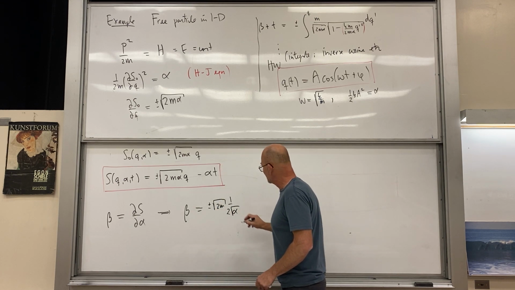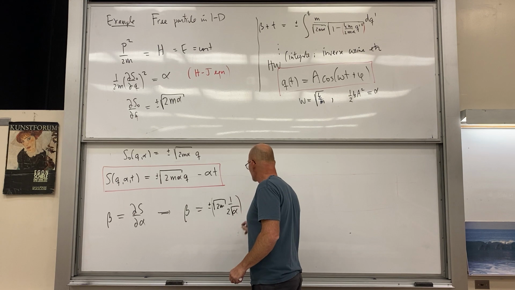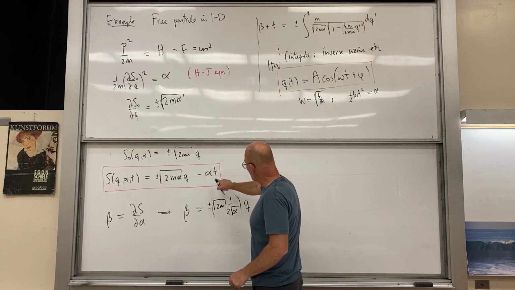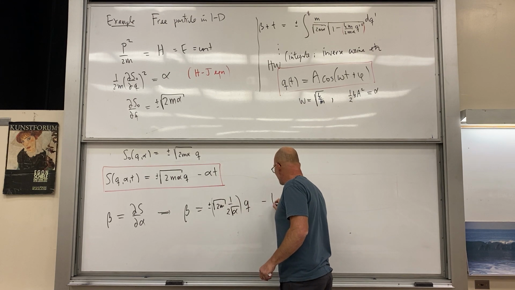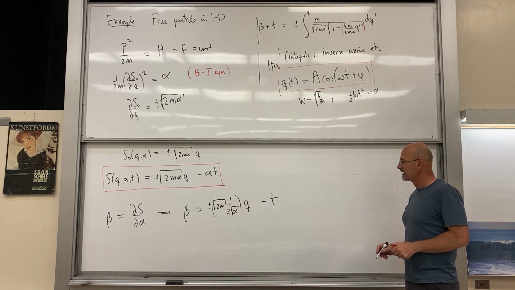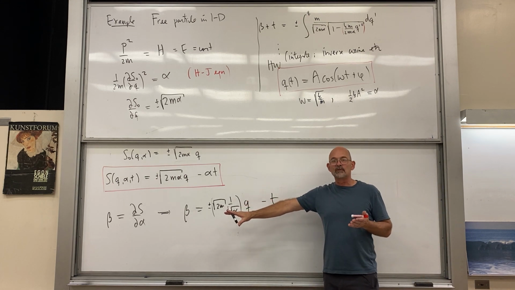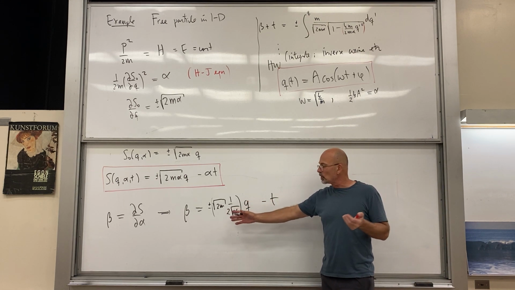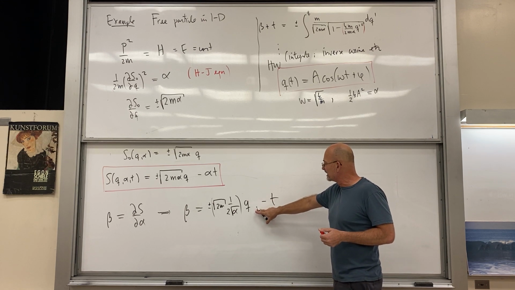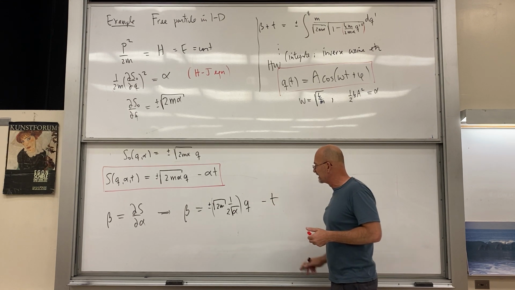I'll put parentheses around there, times q, so that was my dS d alpha, but I also had one here, minus t. So this is that result that I said, if you can invert it, you're golden. You can have your q of t.